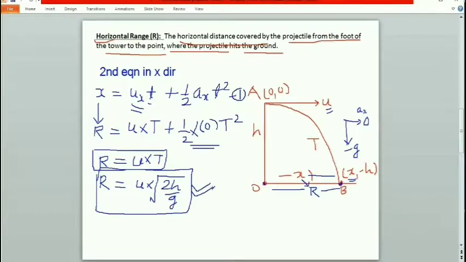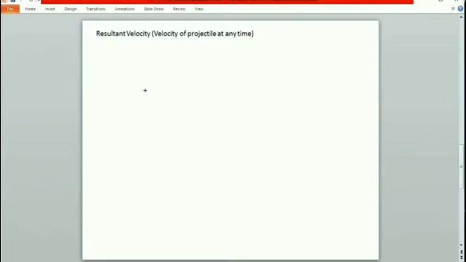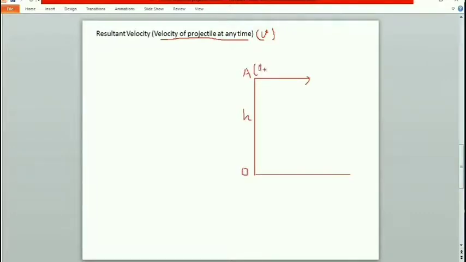Remember this formula. Now we will move to the next derivation, resultant velocity, or you can say the velocity of the projectile at any time t. We will take it as v. So again we will draw the diagram. This is the projectile and this is the initial velocity, h height, O point, A point, the initial position of the projectile, and this is the path of the projectile.